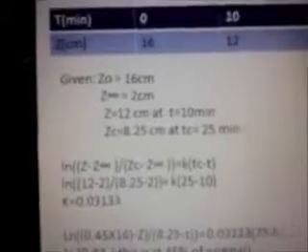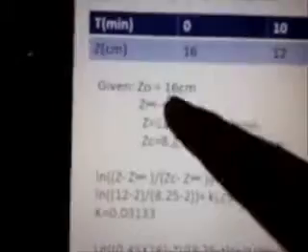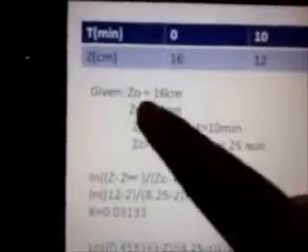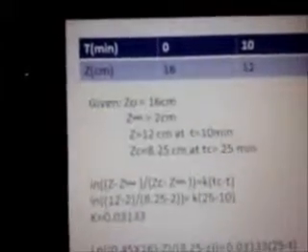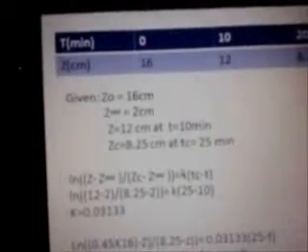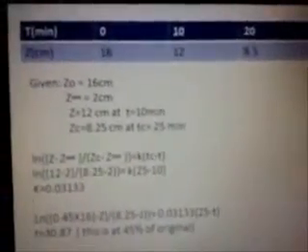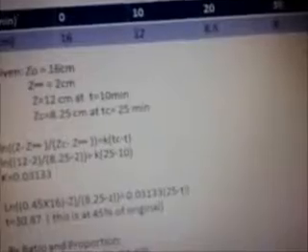Then this is the discussion for the batch settling. So Z0 will be equal to 16 because this is the initial point, and Z infinity is where you will see in the graph that it goes continuously at that point. The line goes constant, and then Z is just at any time.